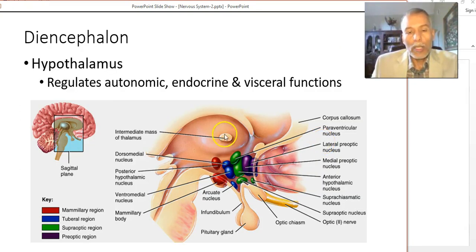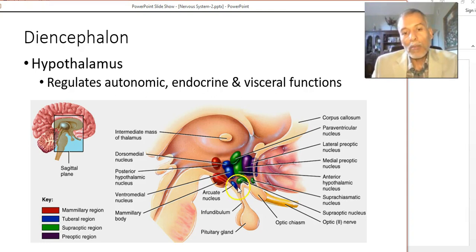So if you look here, the thalamus is here, and then beneath it, there's another structure like a lower chamber called the hypothalamus, that area that has this nuclei. So the nuclei are basically the structure of the hypothalamus.